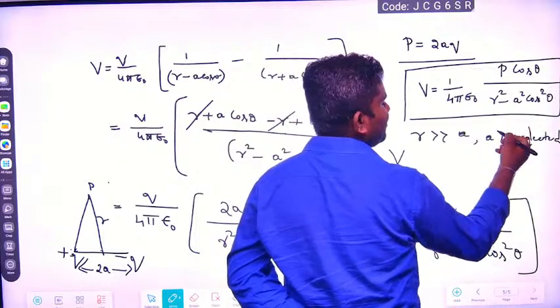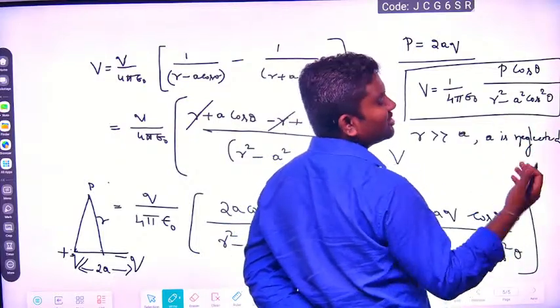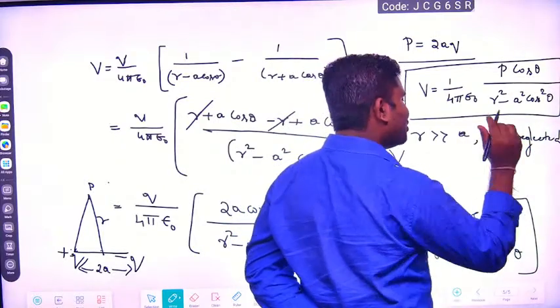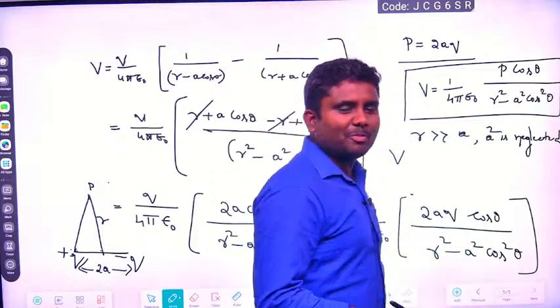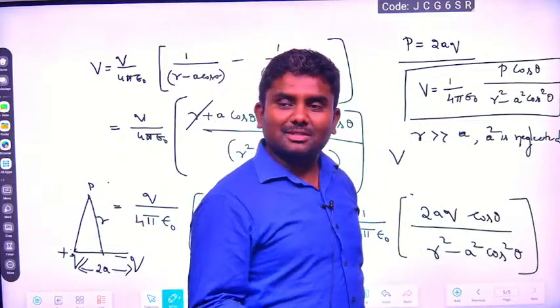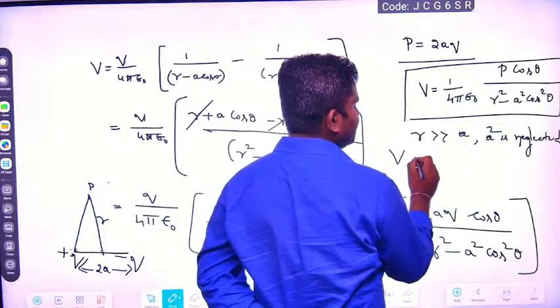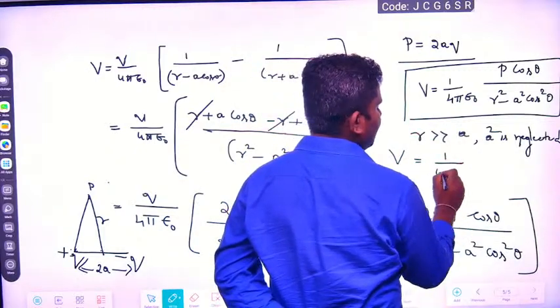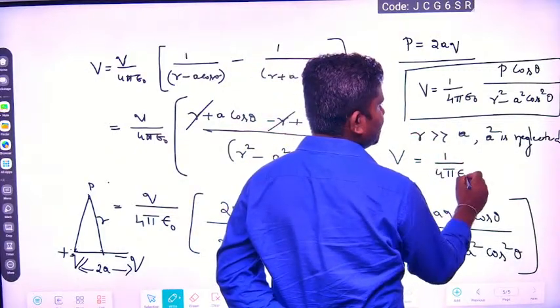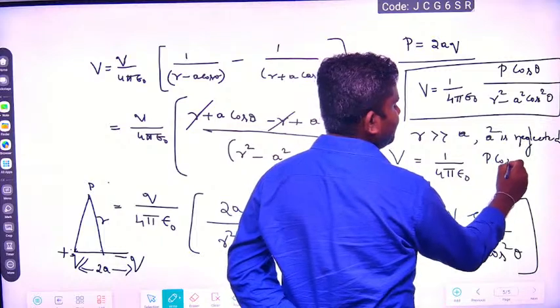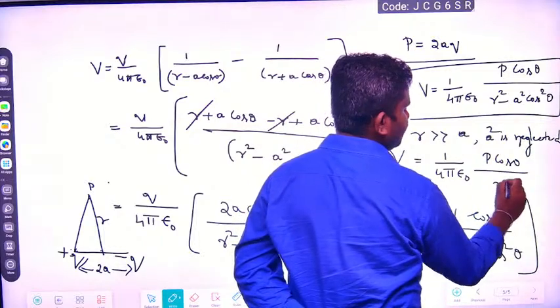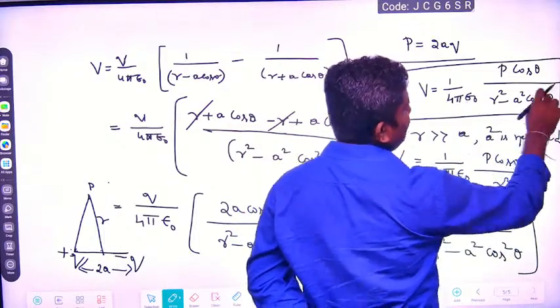If A is small, A square is much smaller. 0.1 is small, 0.1 square is 0.01, it is much smaller. So A square is neglected. So V is equal to 1 by 4 pi epsilon naught P cos theta divided by R square.